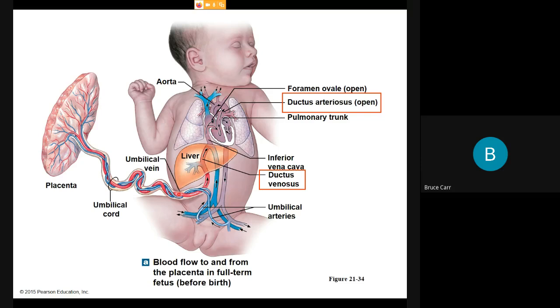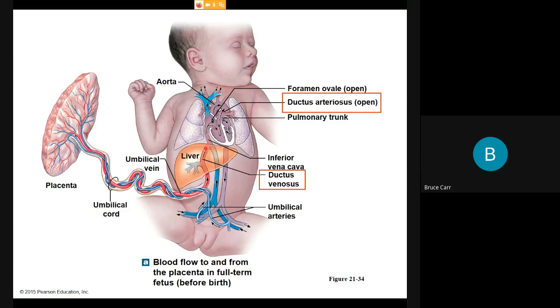Now you'll notice it's oxygenated, so it's functioning sort of like a pulmonary vein, and it actually attaches to a special region in the liver, a venous network called the ductus venosus. It dumps the oxygenated blood there where it's collected and is shunted through this vein, the vein that becomes the hepatic vein, to the inferior vena cava.